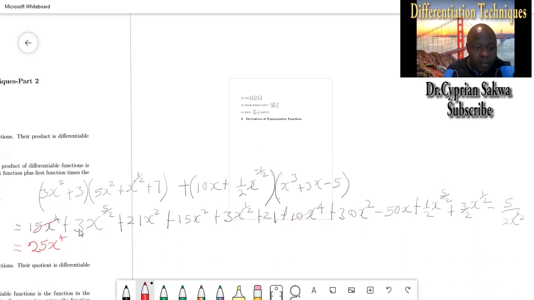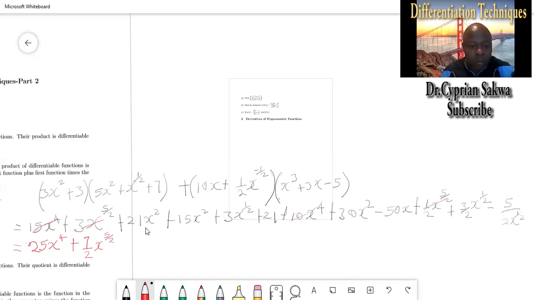Let me come to x raised to 5 over 2. I can see this and this. So if I was to put them together, I would have 7 over 2, because it's 3.5, 7 over 2 x raised to 5 over 2.